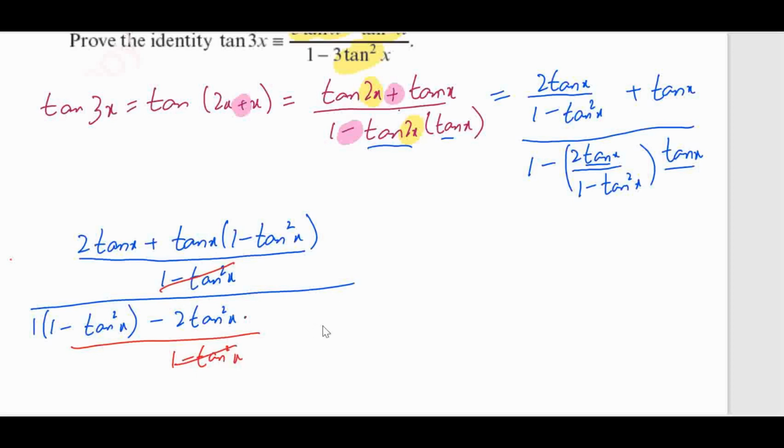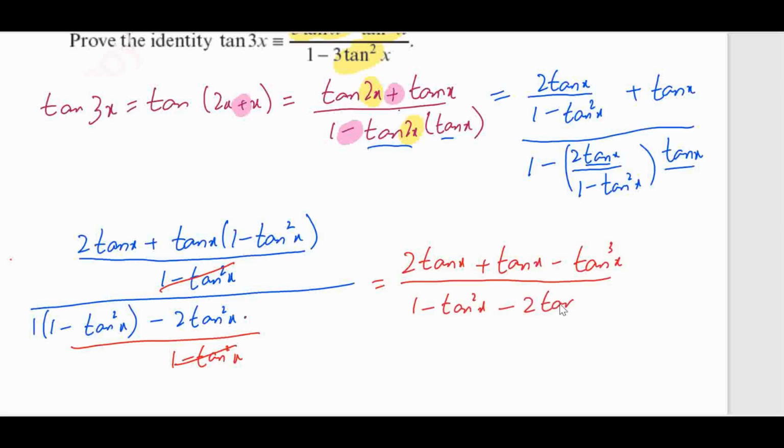Okay, so if we simplify it further, this will become 2 tan of x plus tan of x minus tan cube of x whole divided by 1 minus tan square of x minus 2 tan square of x.